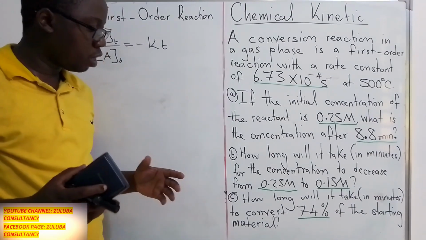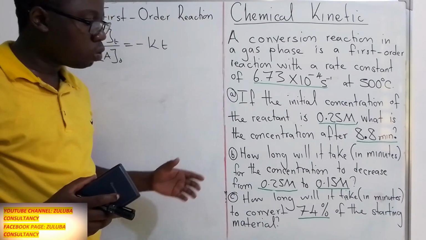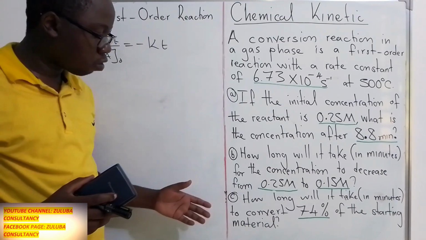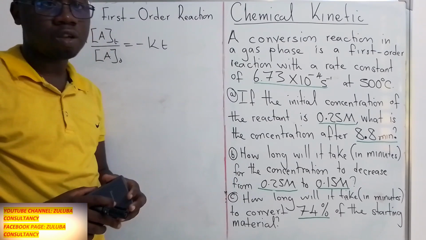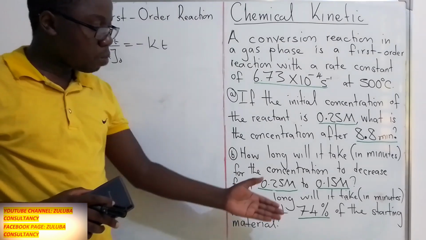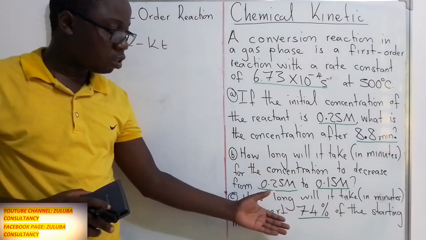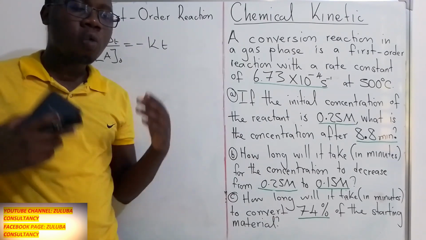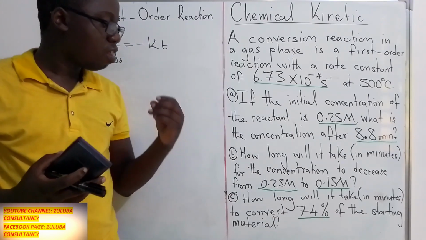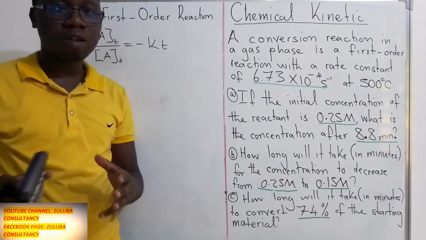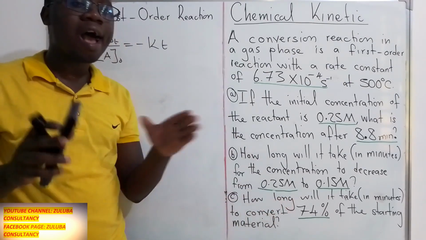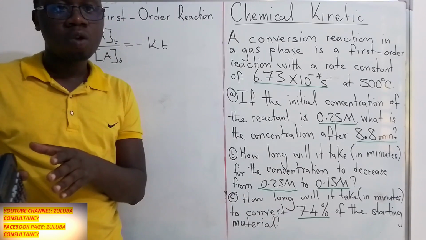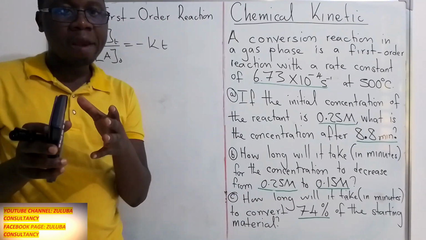The third question reads, how long will it take in minutes to convert 74% of the starting material? So when you have been given the percentage, you need to realize that when the reaction is starting, the percentage is 100%. Now, 74% of it has been used up. So how much is remaining?